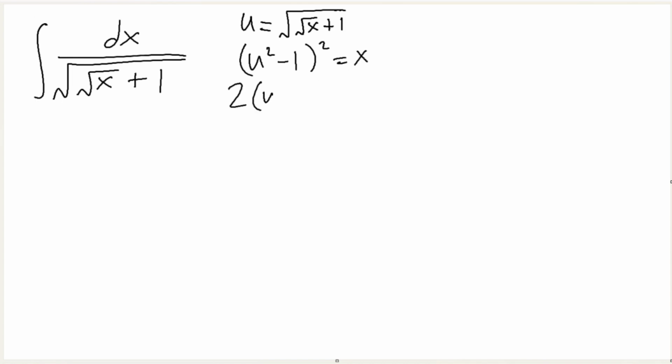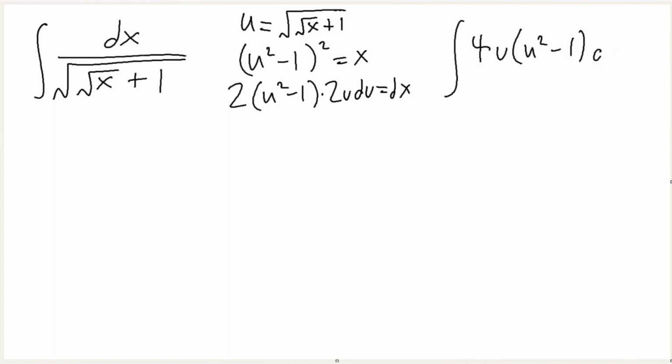So the derivative of this is 2u du equal dx. Okay, that's fine with me. 4u times u squared minus 1 du all over u. You see, that's fine with me. Now I don't have to deal with fractional exponents.